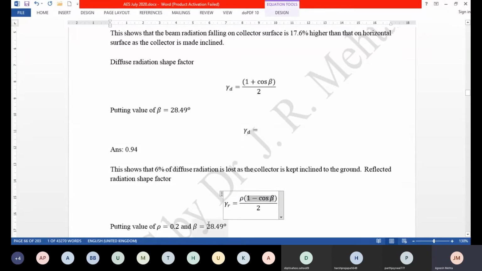So beta again 28.49 degrees, and you can get the value of gamma R, the reflected radiation shape factor. So let's have the value of gamma R. Yes, so Ujjwal says that it is 0.012. Yeah, so it seems to be a very small number, just 0.012.